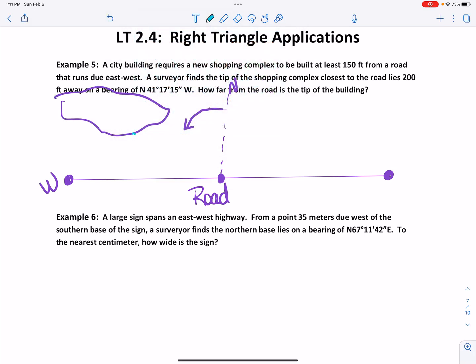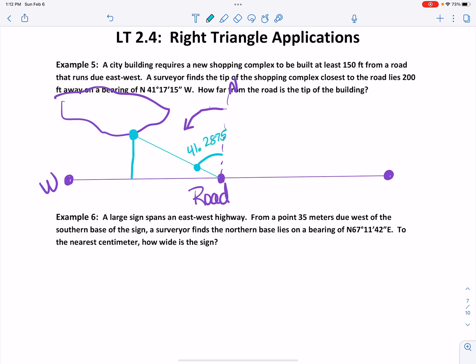And the closest point, so if we read this, the surveyor's angle, right here, is 41 degrees, 17 minutes plus 15 seconds, so this angle is 41.2875.